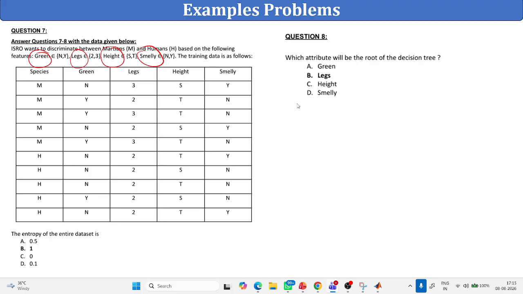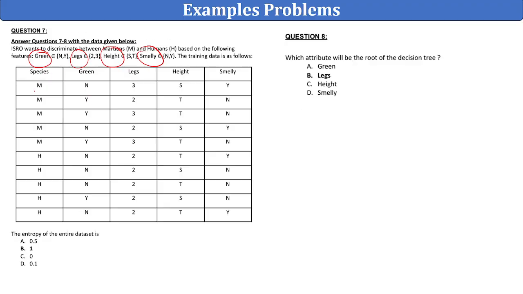So if we count the Martians, we have 1, 2, 3, 4, 5. So it is 5. Then the humans, how many are there? 5. So the first step is how to get the entropy.